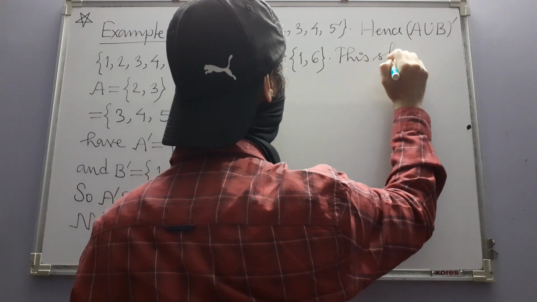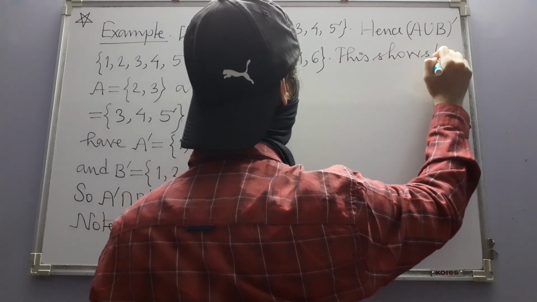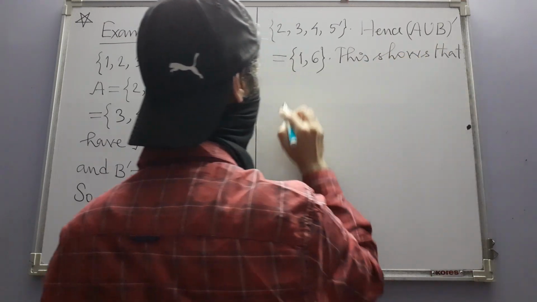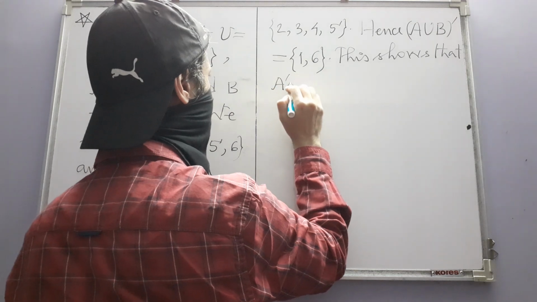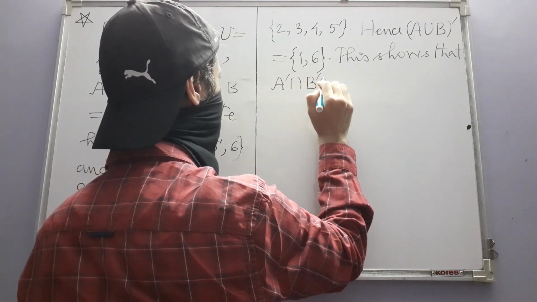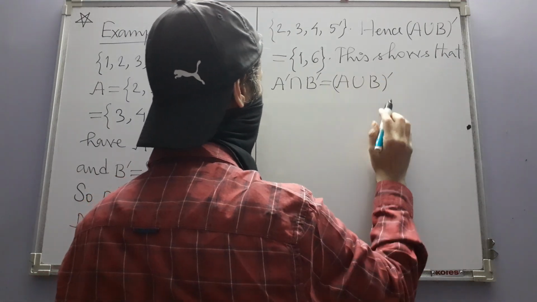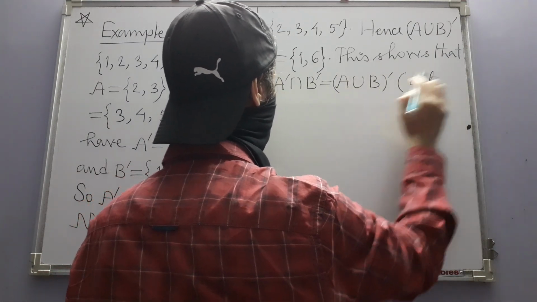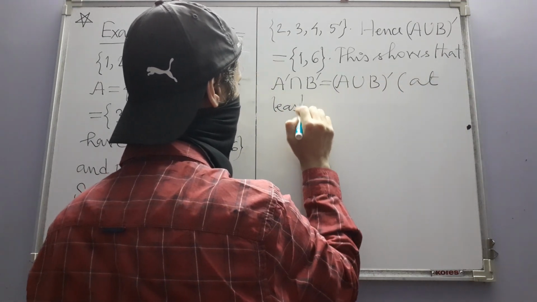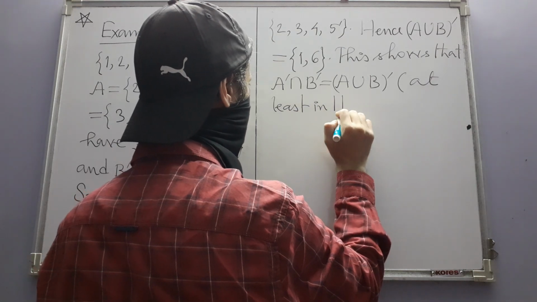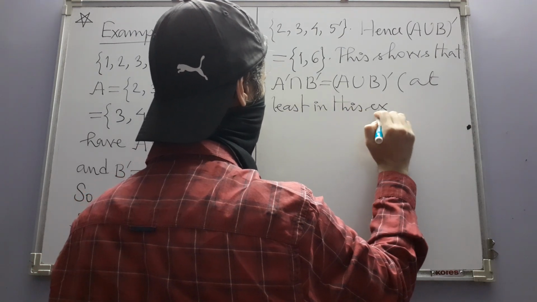This shows that A complement intersection B complement equal to A union B complement. At least in this example.